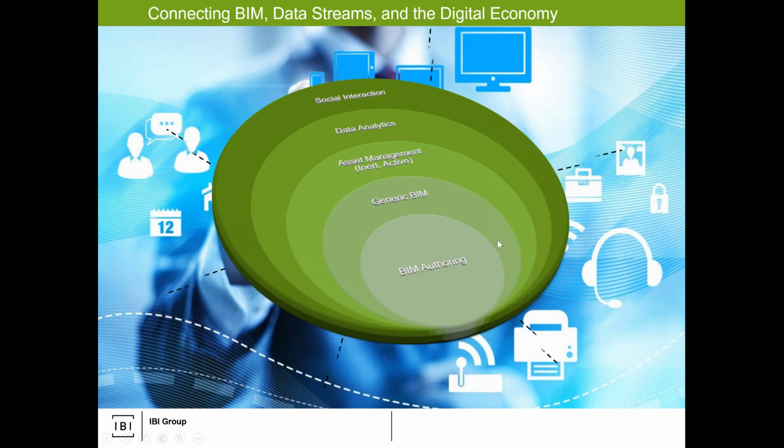But the concepts of generic BIM, so that's your open BIM standards, getting to IFC format, opening that data for other things to interact with, the realm of asset management. Once I'm in here managing the data associated to the assets, I can get into big data analytics, tying me to the Internet of Things, tying me to social and user interactions, allowing all of that to fuse together. And that's where we'll get to.